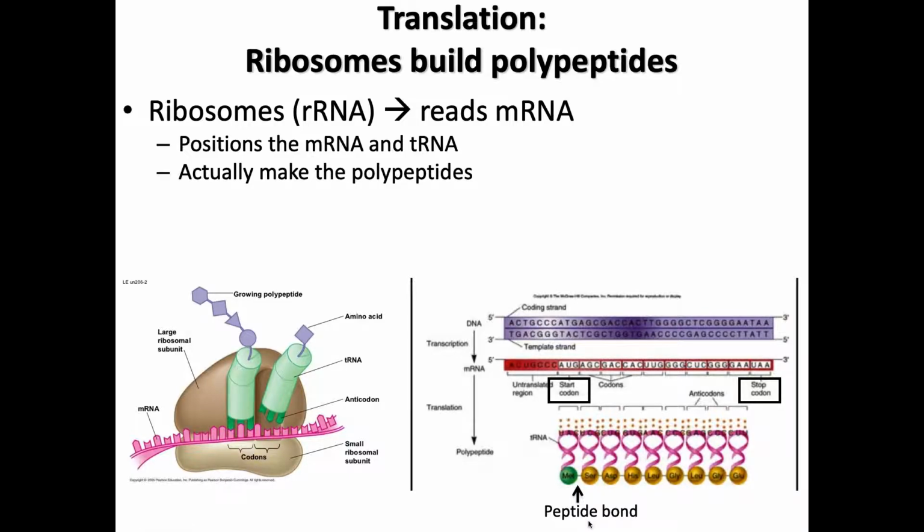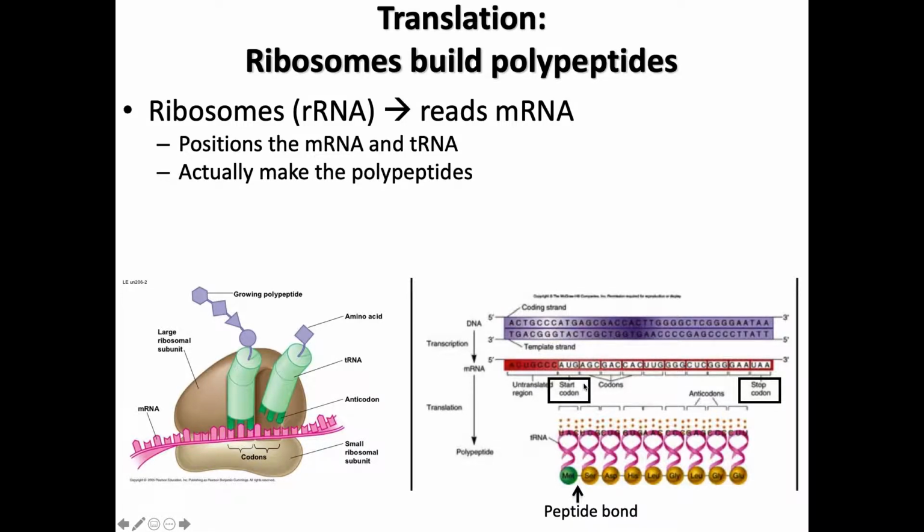Since it's the ribosomes that make these peptide bonds, that's why we say it's the ribosomes, the rRNA, that actually makes the polypeptides, that actually makes the proteins. So this ribosome will position the mRNA in the correct place, at the correct codon, and then it'll bring in the correct tRNA so that the tRNA can bring in the correct amino acid.